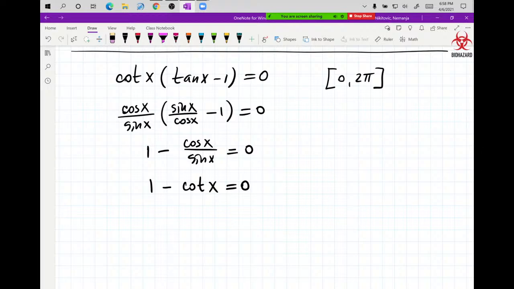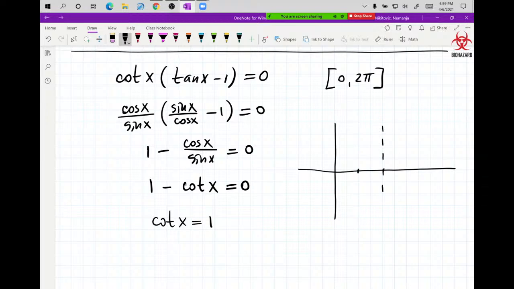So now, you have cotangent x equals 1. And on 0 to 2 pi. So that happens to be where cotangent lives, but we are going to take a look. Remember that the period for cotangent, because it's not changed, it's x, right? Period for cotangent is pi.